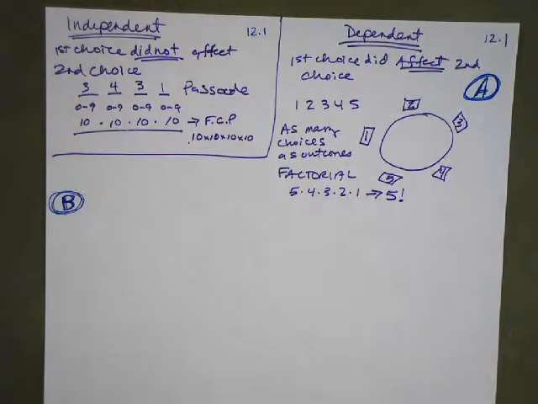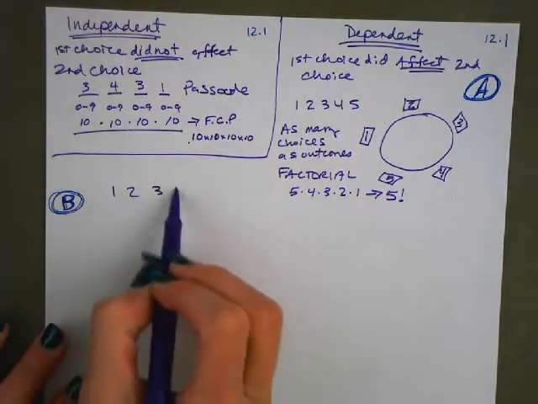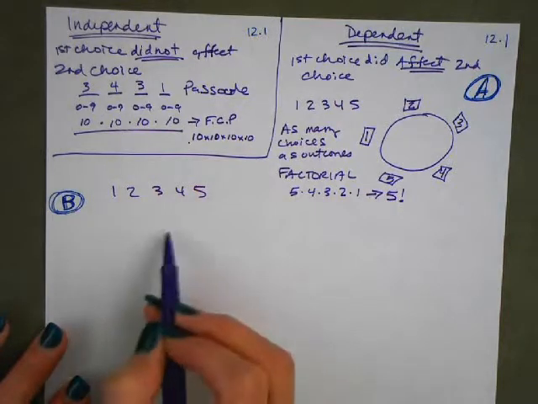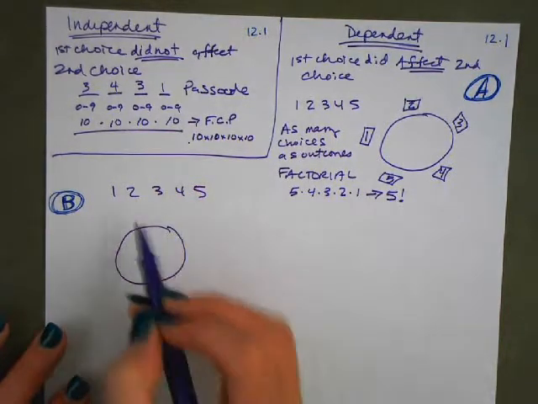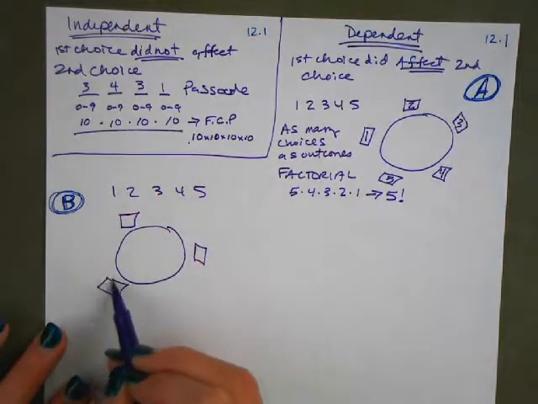Again, this is where the first choice affects the second choice. Let's say I have 1, 2, 3, 4, 5 people, and I have a place setting, but now I only have 3 spots.